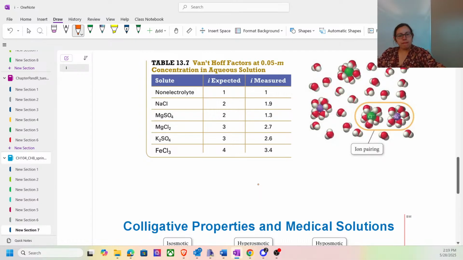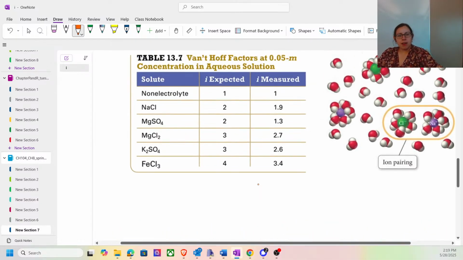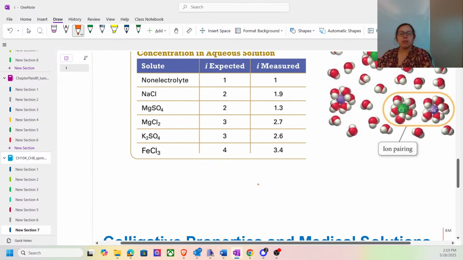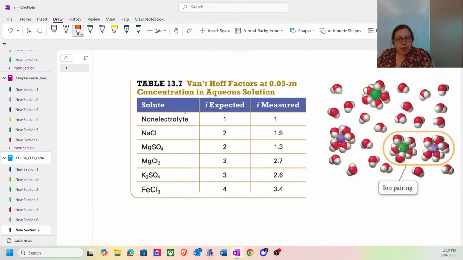It's clear if we look at this chart what they mean. If we have a non-electrolyte, again sugar or aspirin, whatever, if it does not dissociate, then obviously it's going to stay as 1.